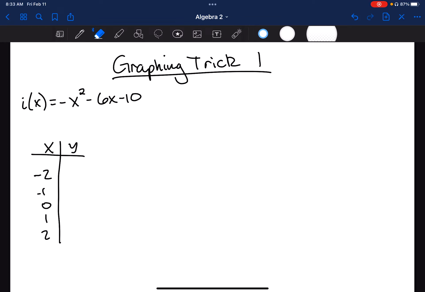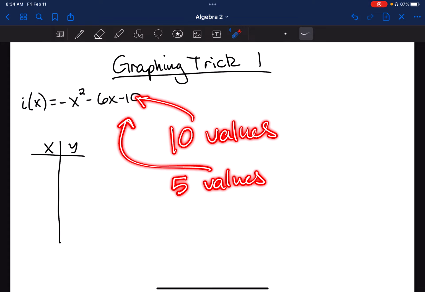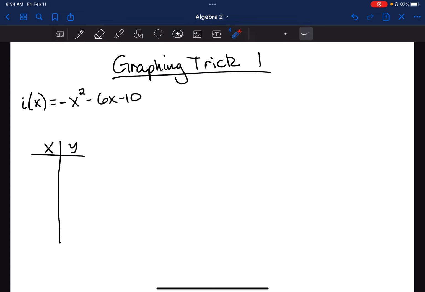Because how many of you want to plug in 10 values? Like if your options are 10 values to plug in to this equation, or if I said you only have to plug in 5 values, which would you prefer? I think all of us sit there and go, I'd rather plug in 5.